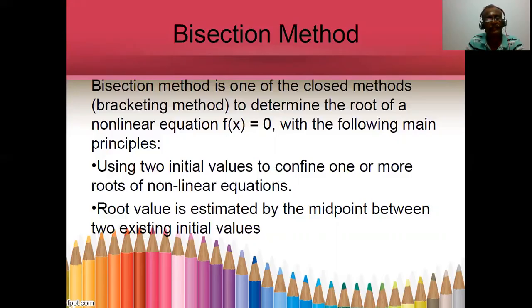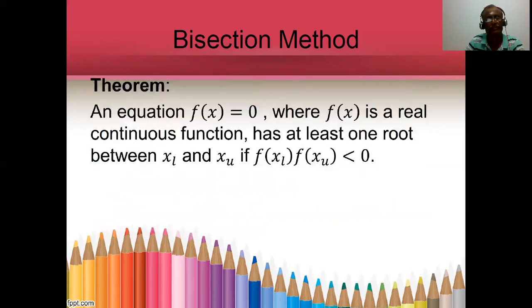The principle behind this is to find an interval in which the root lies by substituting the values x equal to 0, 1, 2, 3 successively, so that we find a sign change between the two values. If there is a sign change between the two values, then there is a root between the two values. This is by the theorem.